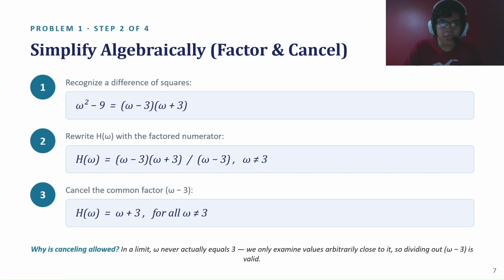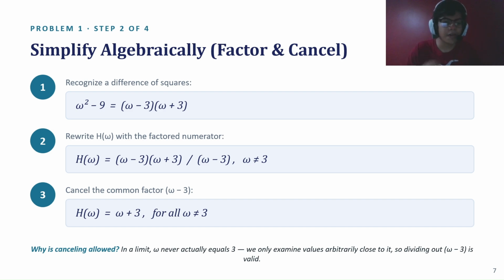First, recognize a difference of squares. w squared minus 9 equals w minus 3 times w plus 3.